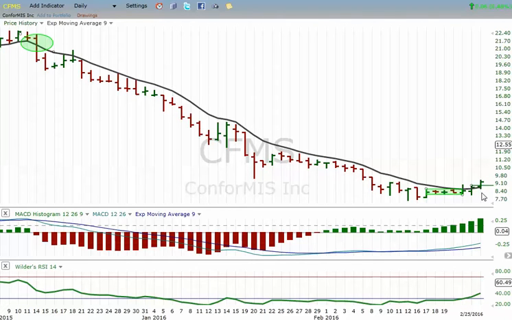And so what I like to do is run scans for stocks that have been trading below the 9 EMA for X amount of days, or maybe a long period of time, that just today or yesterday or even the day before closed above the 9 EMA for the first time in a while.